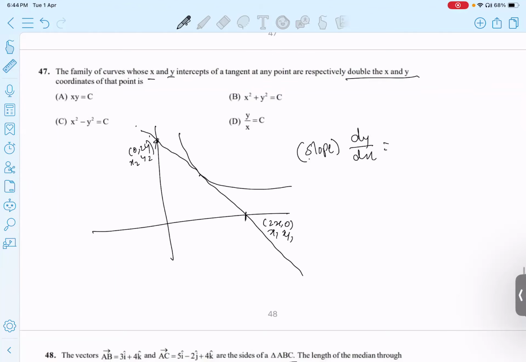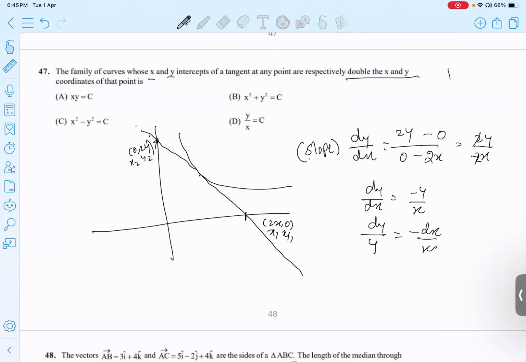So y2 minus y1 divided by x2 minus x1. I can write this as 2y by minus x minus 2x, the 2 gets cancelled. So dy by dx will be minus y by x. So dy by y will be minus dx by x. This was the question from the differential equations chapter.